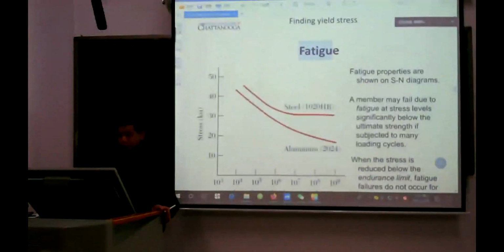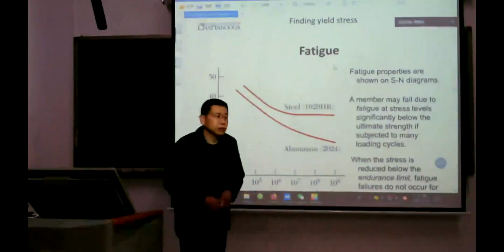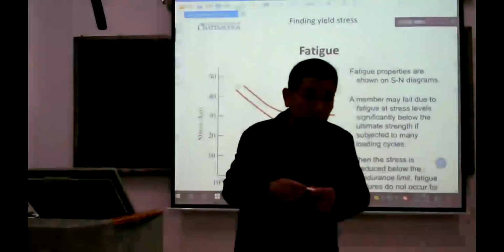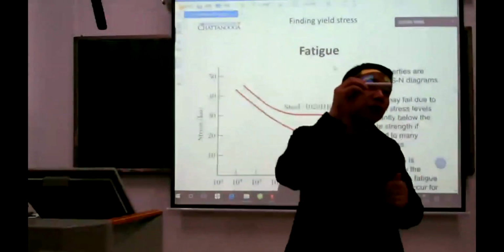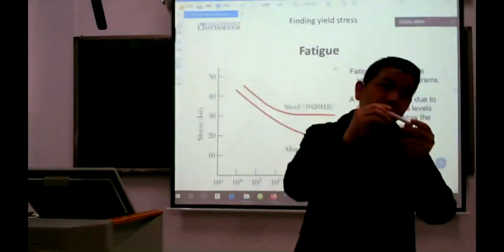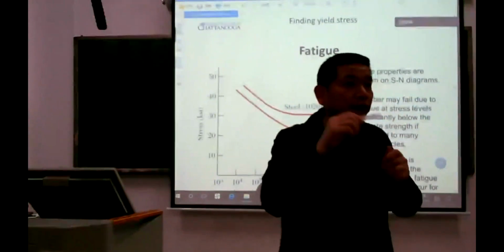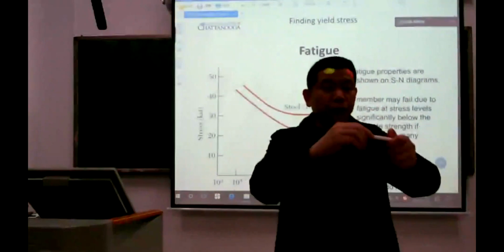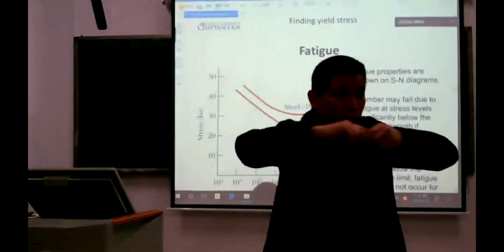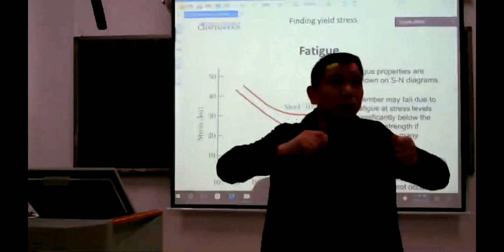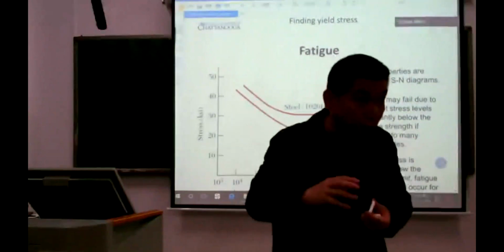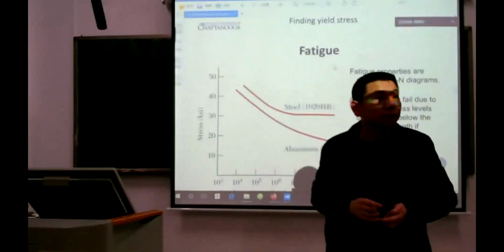Fatigue. We just need to know there is this kind of formula, fatigue. It means suppose it is steel, but if you want to break it intentionally, it is very, very difficult.